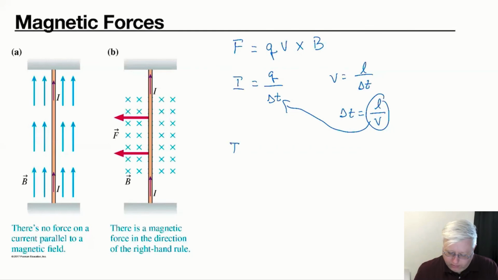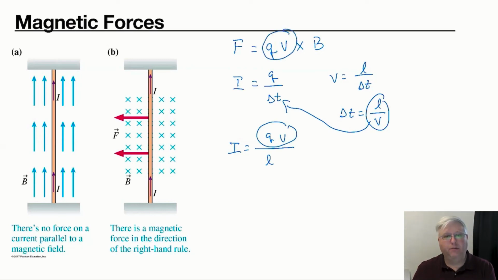I'll show all the work here. Then it's going to be QV over L. And QV is what we had as the first part of our cross product for determining the force on a charge.